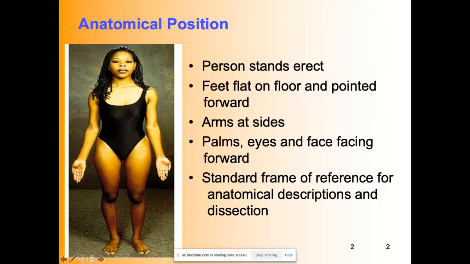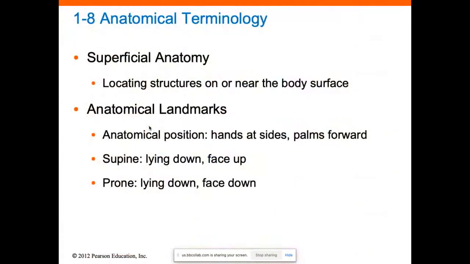Another way of saying her palms are facing forward in this particular direction, they're also supine. Supine means they're facing us, this direction. Okay, so anatomical position. And I will go over these terms, medial, lateral, superior, inferior, in a little bit. So superficial anatomy means these are structures, any structure that's located near the body's surface, right?